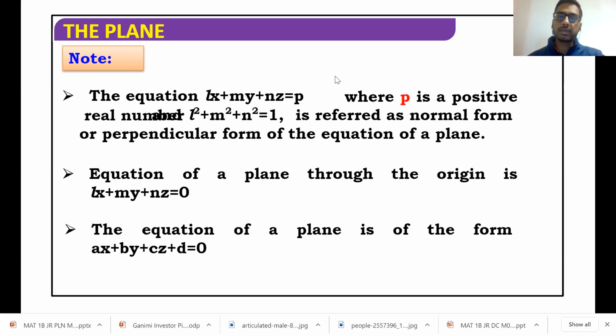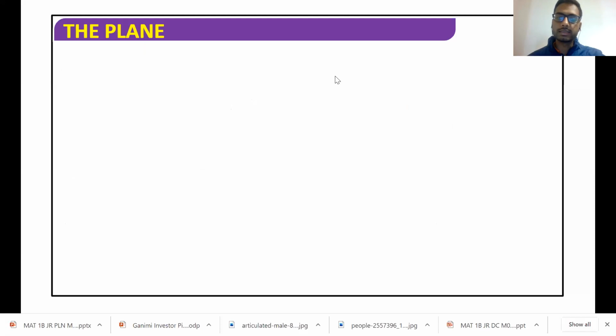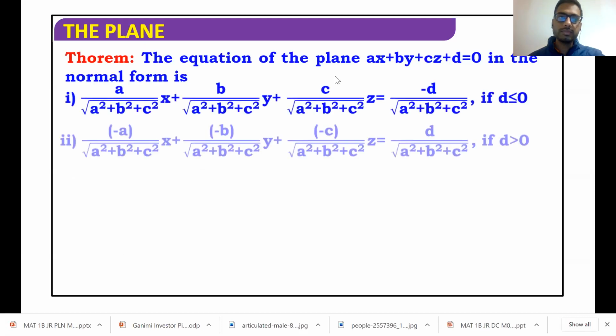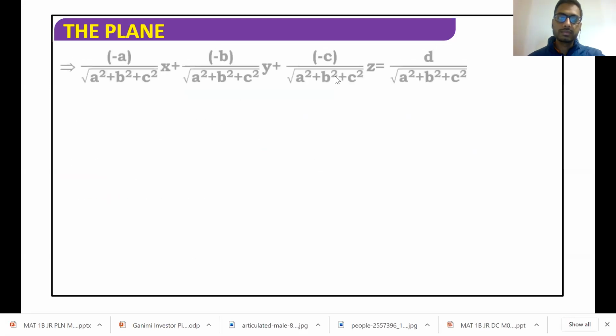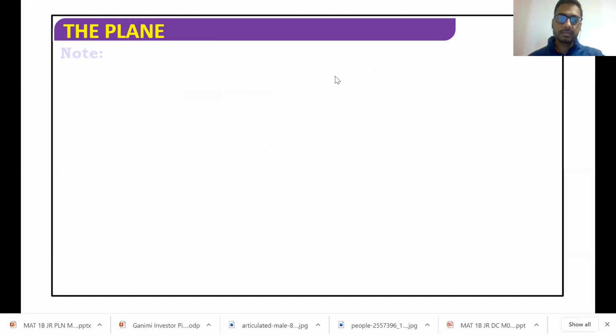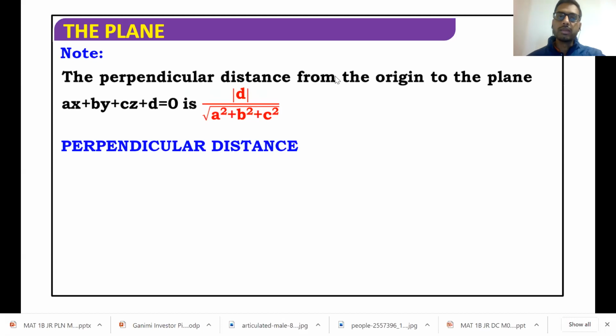And if it is not passing through origin, then I can say the equation is Ax plus By plus Cz plus D is equal to 0. The perpendicular distance of any point, or origin 0, 0, 0, to the plane ax plus by plus cz plus d is given as this.